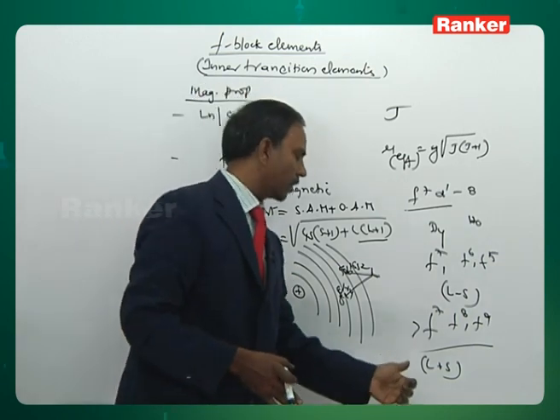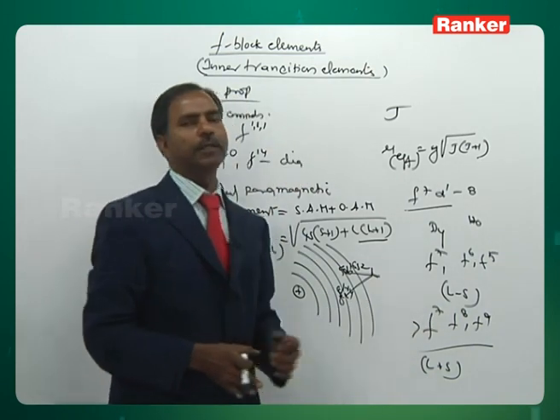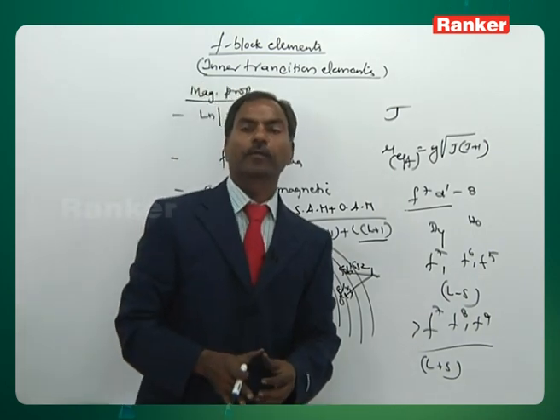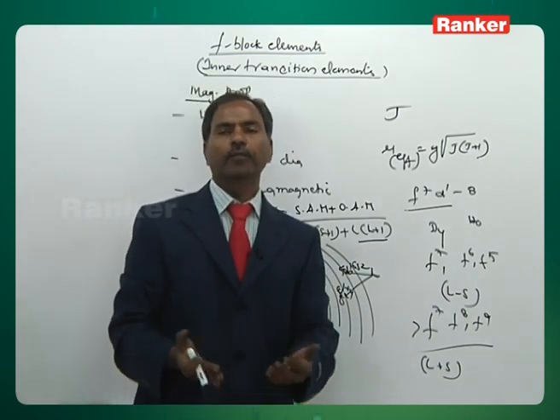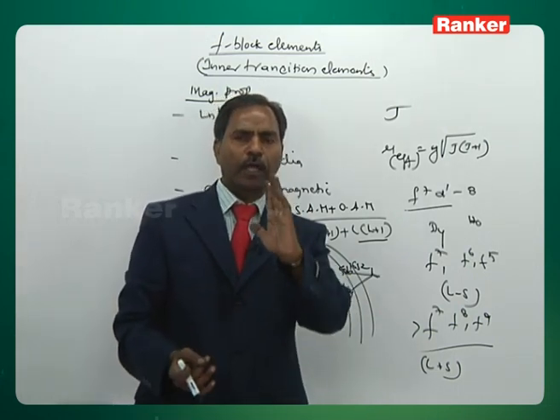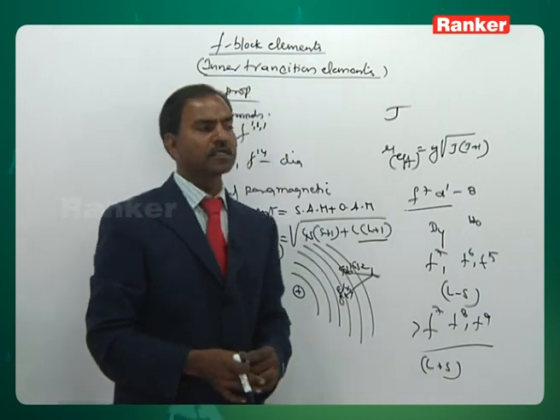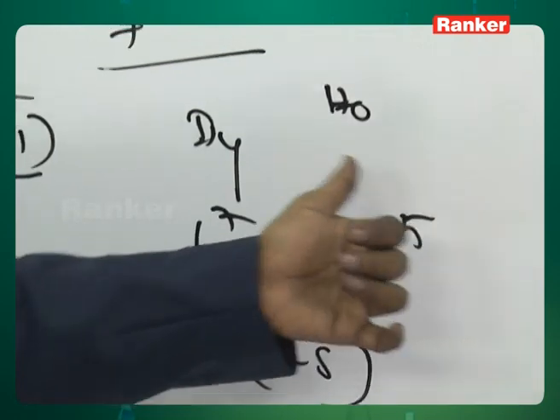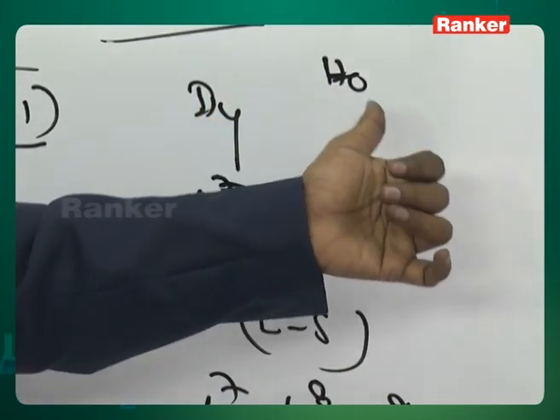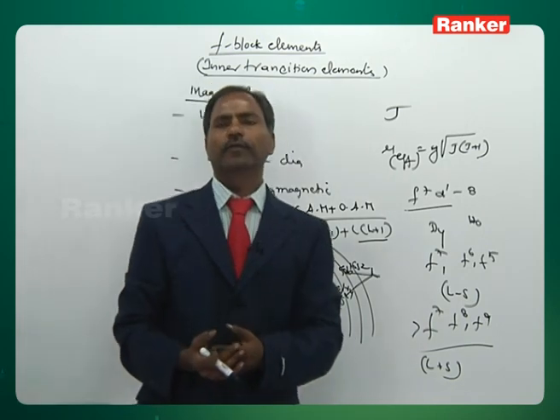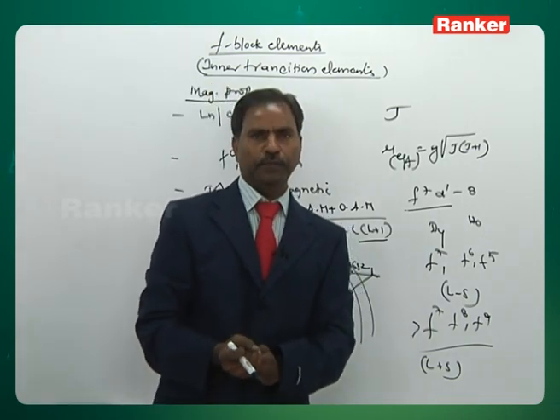Therefore, it is considered L plus S. Because of this reason, even though gadolinium carries the maximum number of unpaired electrons, it exhibits less paramagnetic moment among the lanthanides. The highest paramagnetic moment among the lanthanides is observed in dysprosium, and second is holmium. This is about the magnetic properties of the lanthanides.